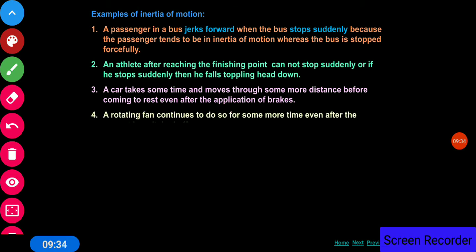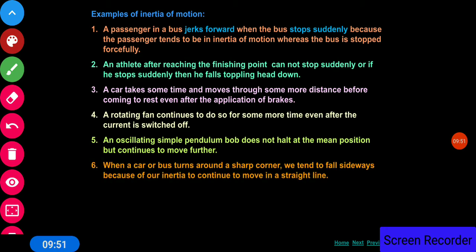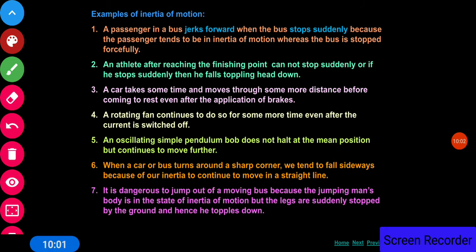A rotating fan continues to rotate for some time even after the current is switched off. An oscillating simple pendulum bob does not halt at the mean position but continues to move further. When a car or bus turns around a sharp corner, we tend to fall sideways because of our inertia to continue to move in a straight line.